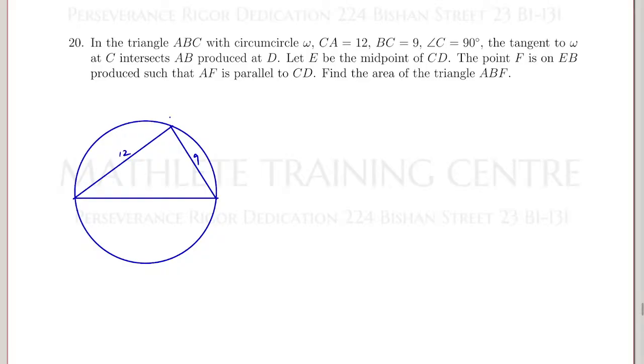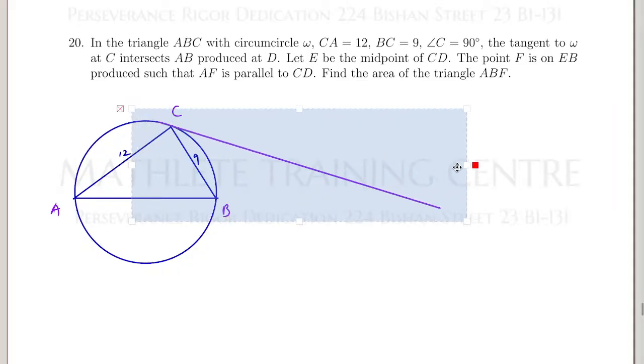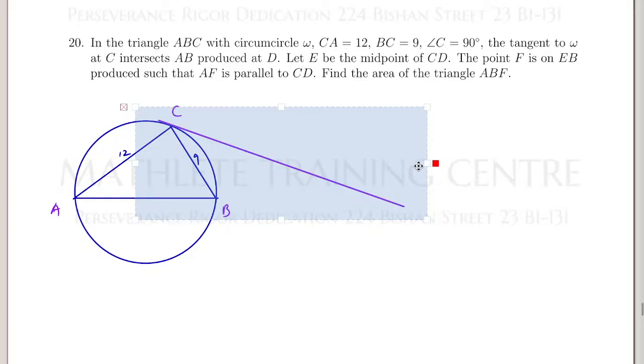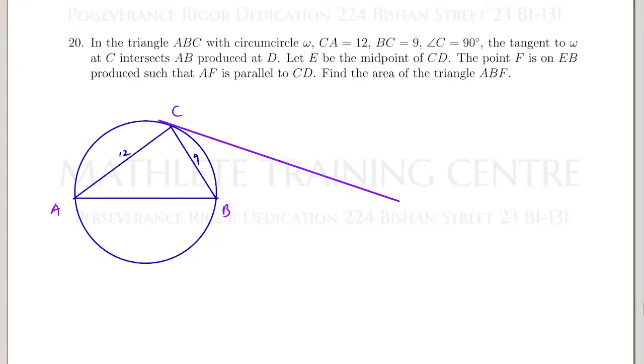Because the next step, they want you to draw the tangent at this point C, such that it extends to cut AB extended at some point, which is D. Then let E be the midpoint of CD. And then the point F is when you extend EB and then you hit a line AF parallel to CD. Find the area of the triangle ABF.